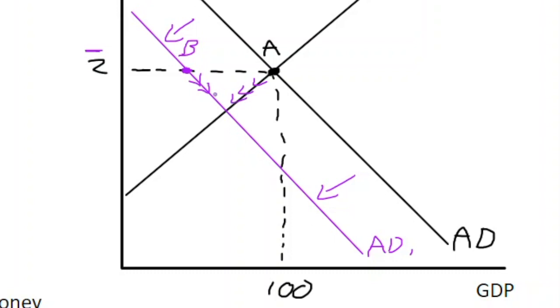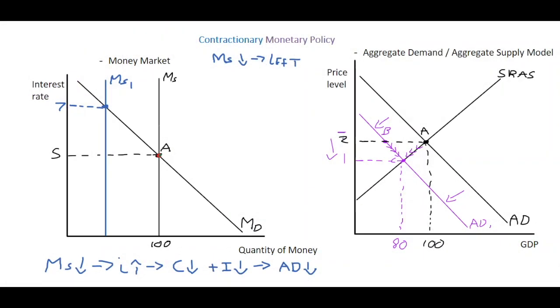When they lower prices, the economy moves along the aggregate demand curve, and eventually it leads to an equilibrium point C, where the price level is now lower in the economy, so inflation has reduced due to contractionary monetary policy, and that's at the expense of lower GDP. So the price level reduces, which contractionary monetary policy tends to try and achieve, but the real economy also reduces in this case, and that is contractionary monetary policy.